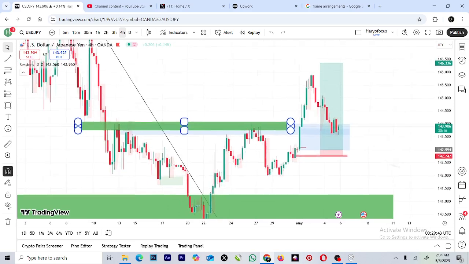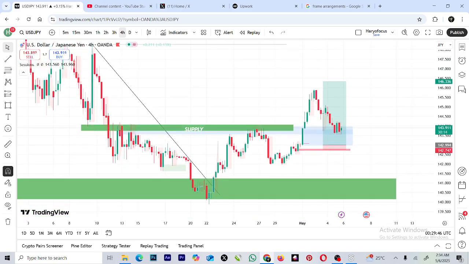I don't know if you guys understand what I'm saying. Let me rephrase that. Here is our demand zone before.